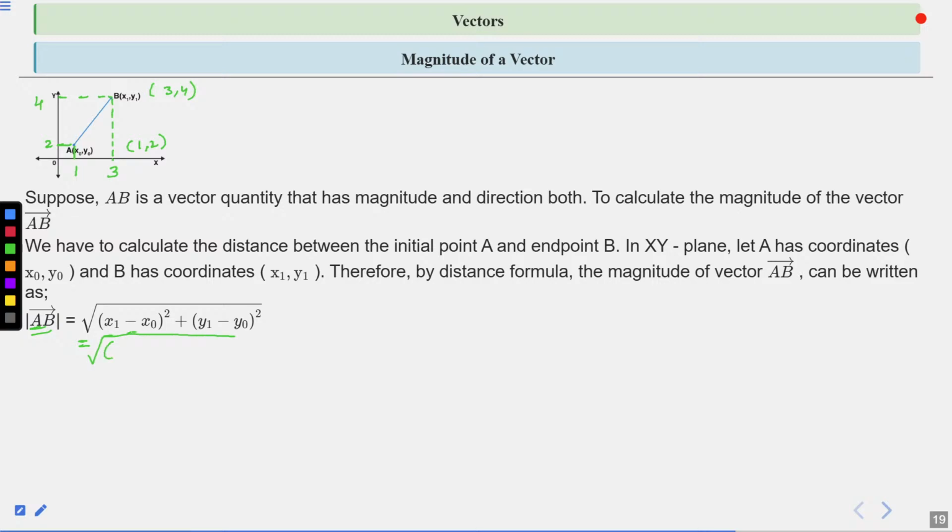So x1 is 3 and x0 is 1, squared, plus y1 is 4 and y0 is 2. So solve this.